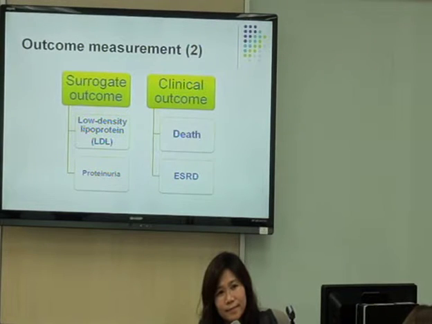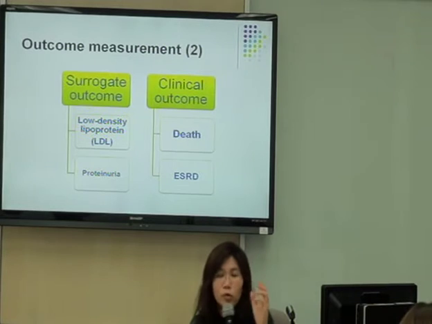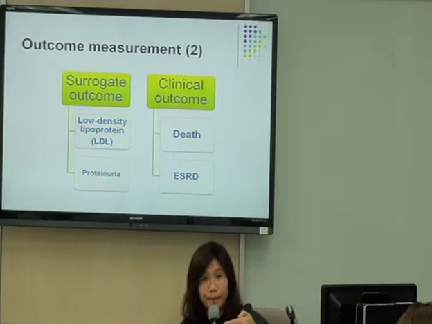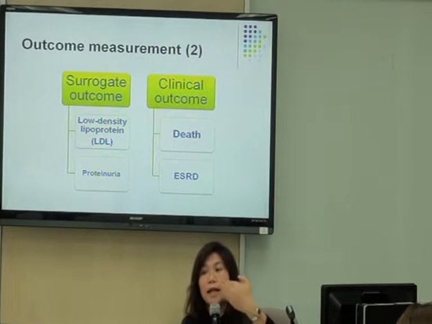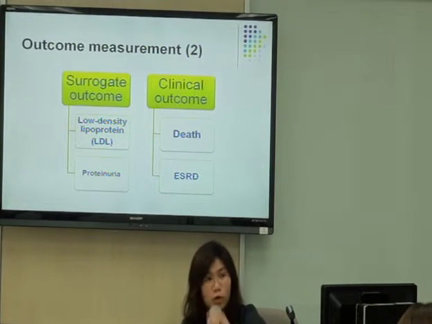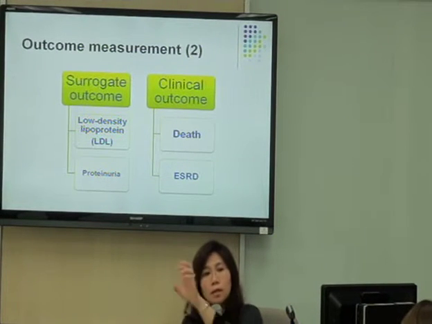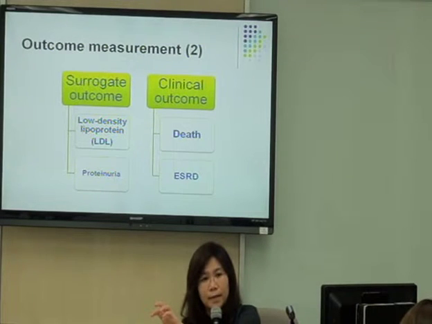When we use surrogate or mediator: if we use the word surrogate outcome, it means it's just another outcome. It's just like the outcome, but it comes before the clinical outcome, so it doesn't mean that it causes the clinical outcome.